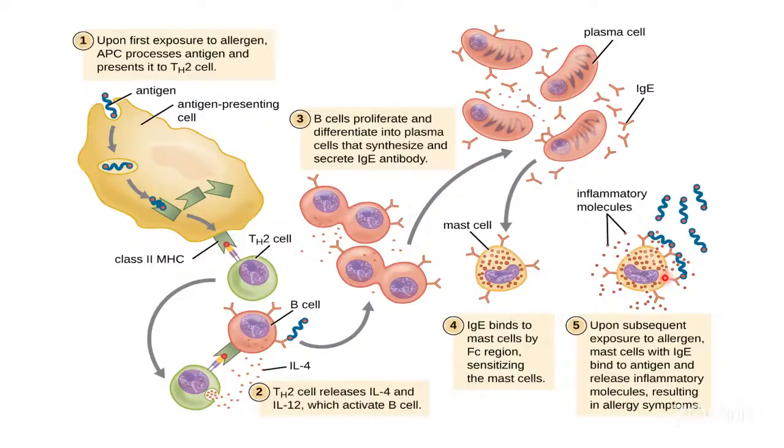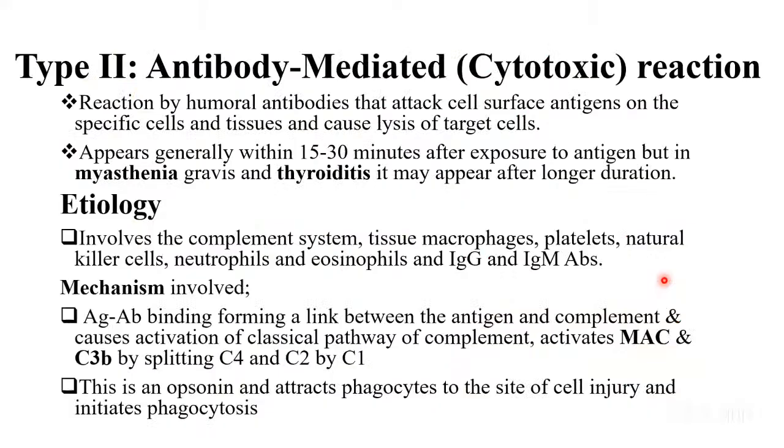Now, the type 2 reaction is a cytotoxic reaction that is also facilitated by antibodies that attack the cell surface antigens on specific tissues and cause lysis of the target cell. So these are antigens that have already been bound on target cells or target tissues.